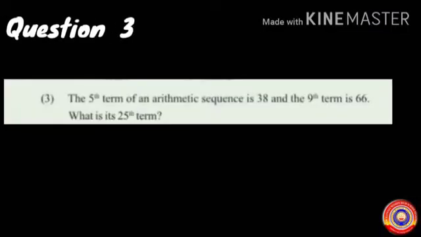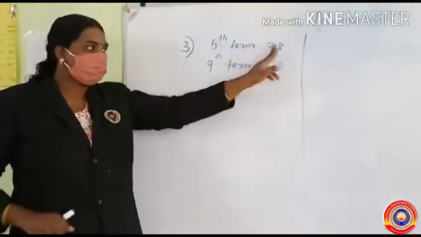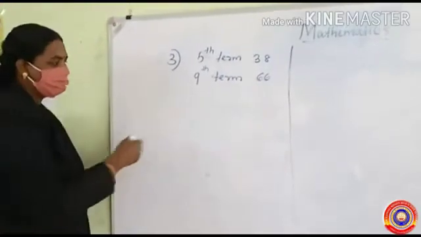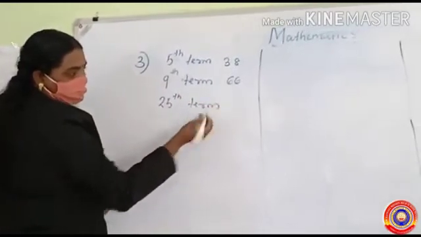Next, question number 3. The fifth term of an arithmetic sequence is 38 and the ninth term is 66. What is its 25th term? Here, given that fifth term is 38 and ninth term is 66, we have to find the 25th term of this arithmetic sequence.